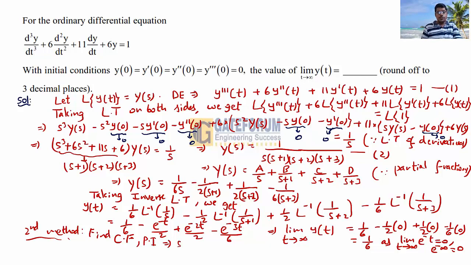The solution is y equal to CF plus PI. The independent variable is t, and the dependent variable is y.